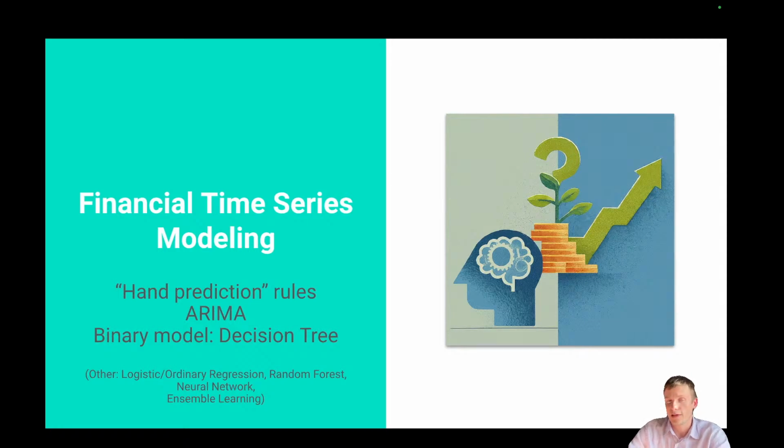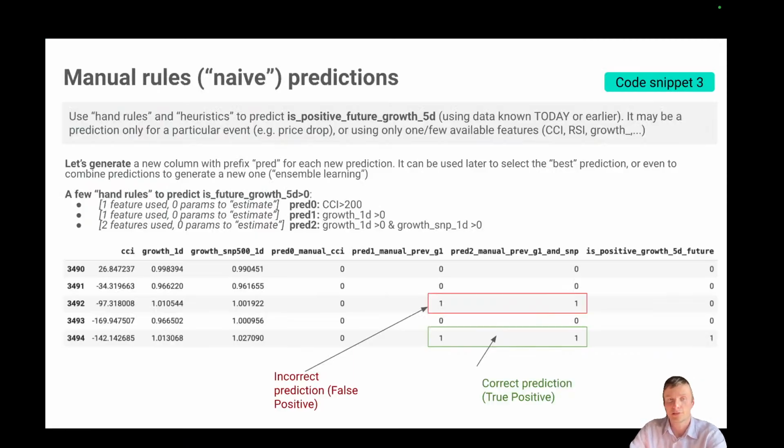But I will prepare you if you have this data filled in the data frame. It's quite easy to expand that data frame with slightly more predictions and combine those predictions together, which is called ensemble learning approach, to create an even better prediction.